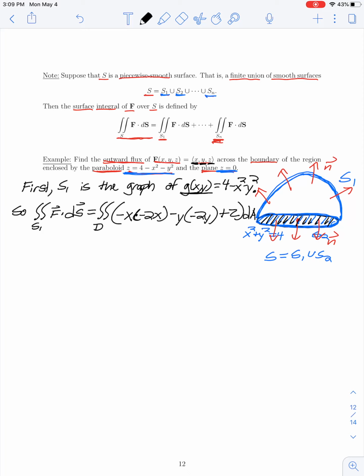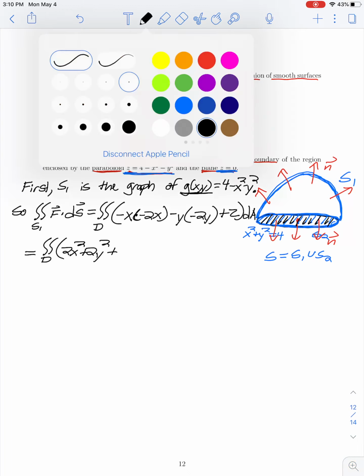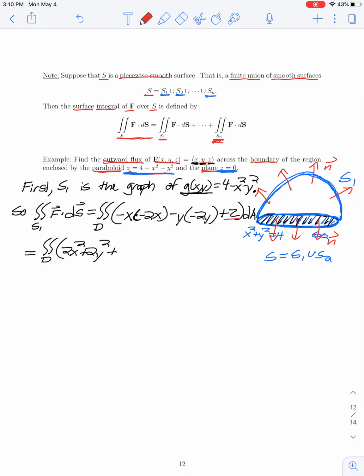So to evaluate this double integral, let's see if we can set it up as an iterated integral. And before I do, let me simplify the form of my integrand. So here we've got the double integral over D of, simplifying, a positive 2x squared plus 2y squared plus z. Now this is a double integral. It should only depend on two variables. So recall that z here, for points on our surface, is defined by this function g of x and y, that is 4 minus x squared minus y squared.